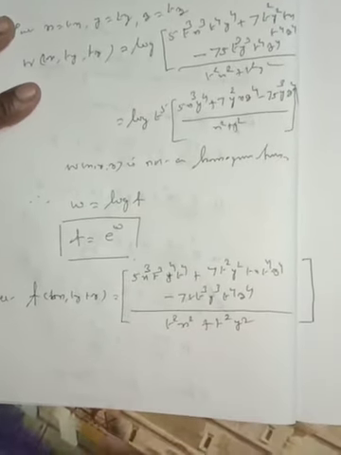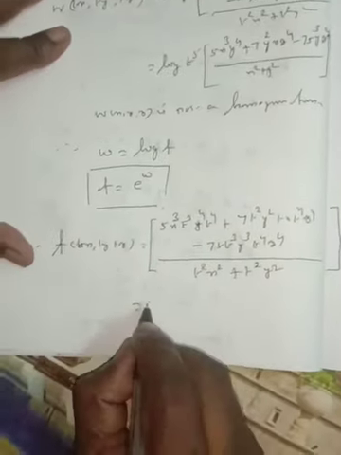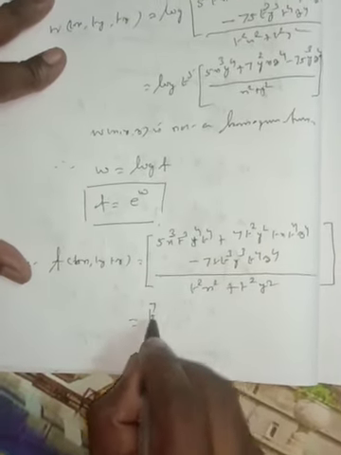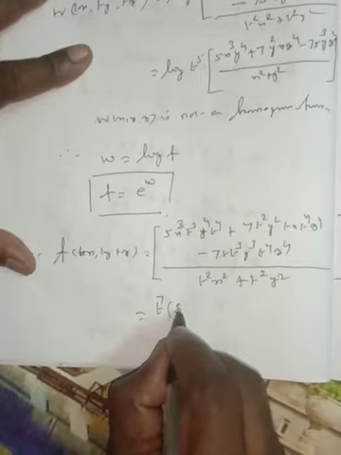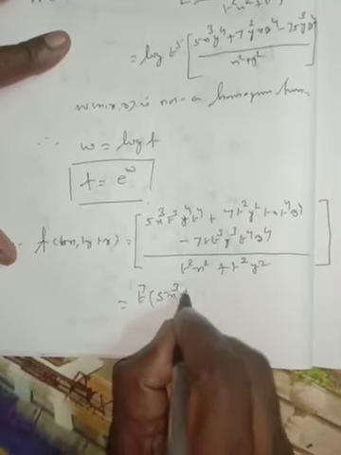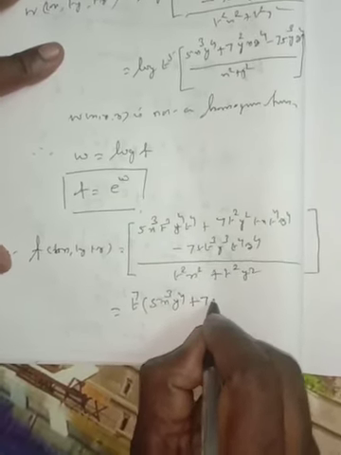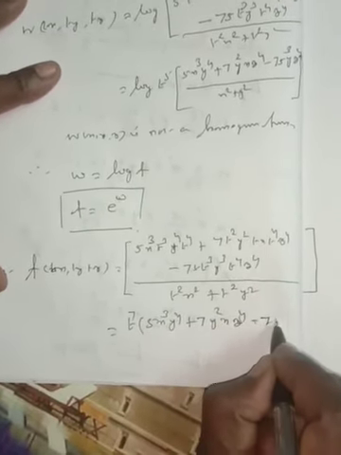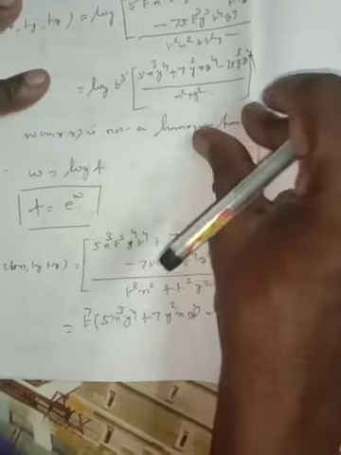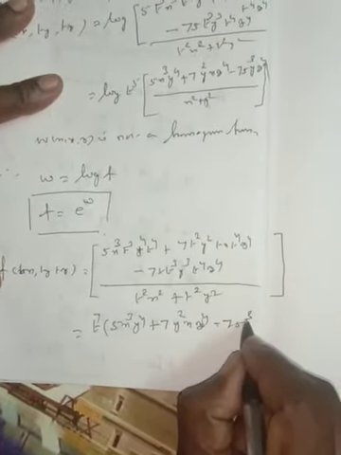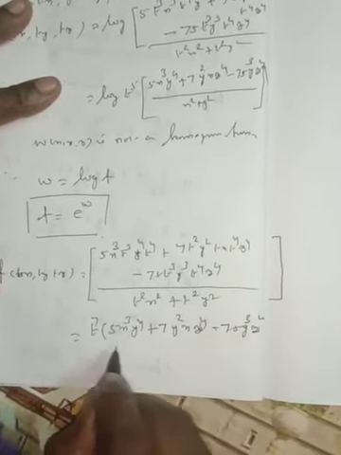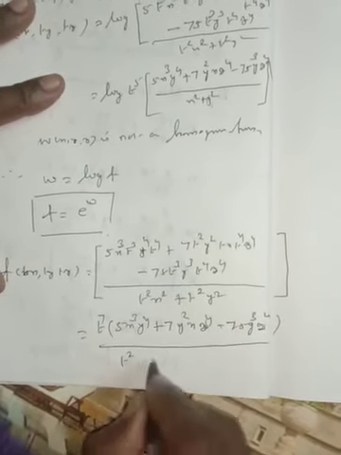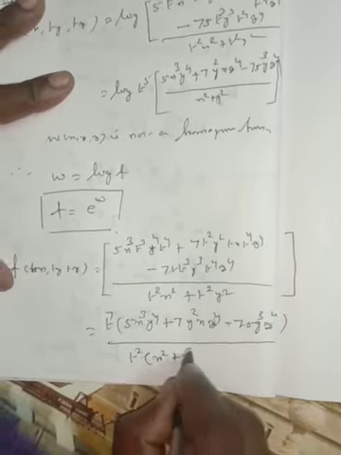Now t to the power of 7 is common, into 5x³y⁴ plus 7y²xz⁴ minus 75y³z⁴, whole divided by t² times (x² + y²).